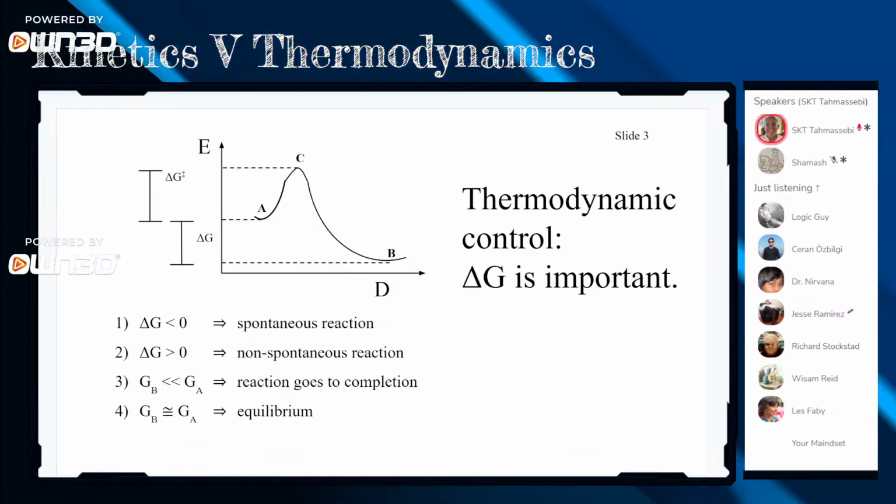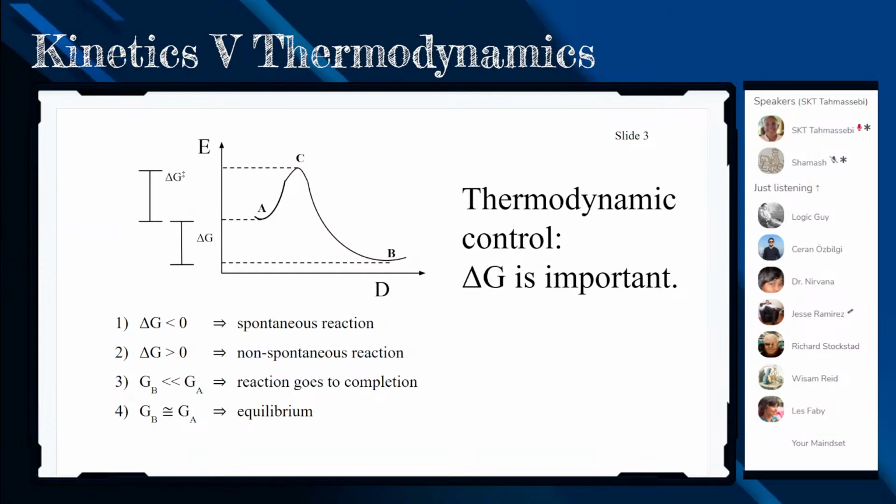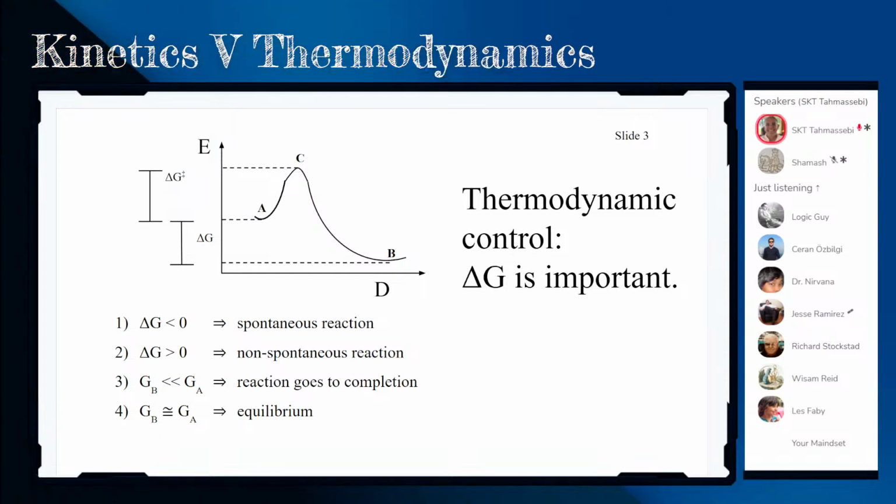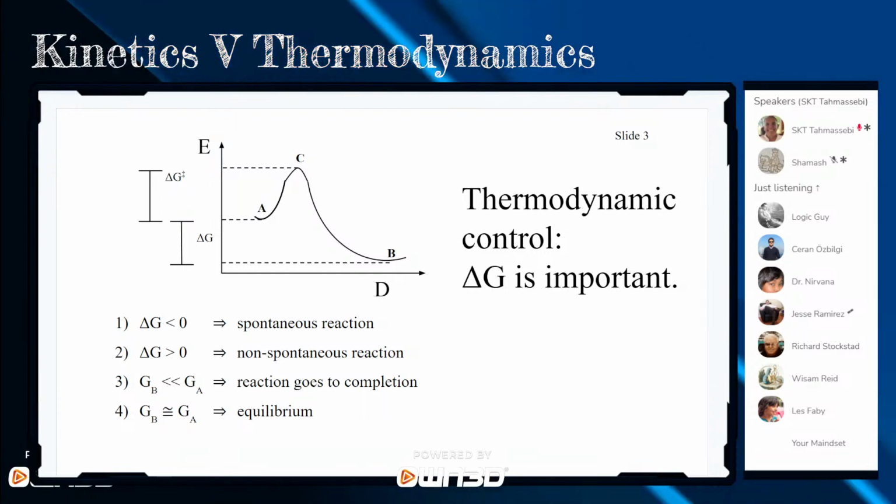One way we can visualize this thermodynamic control is if we have two jugs of water that are connected to each other via a tube, right? And the tube is below the surface of water in those two jugs.